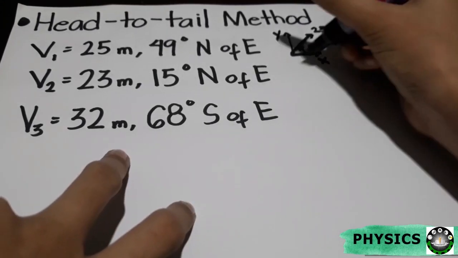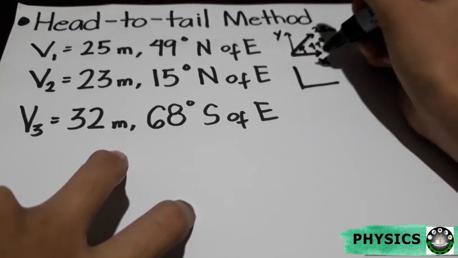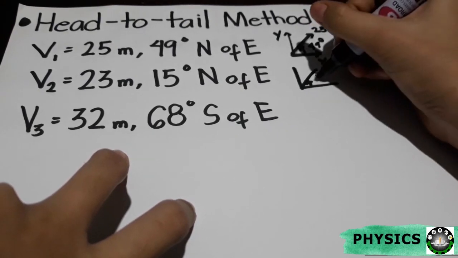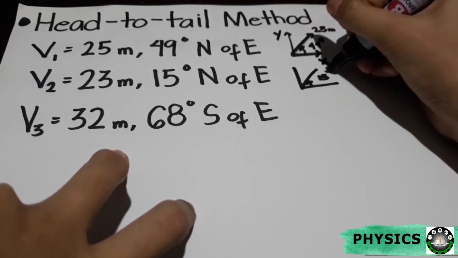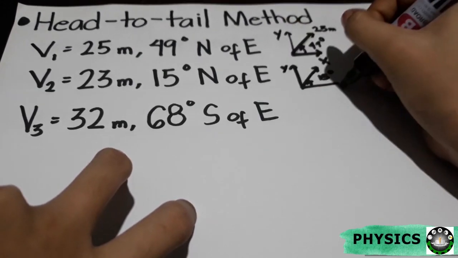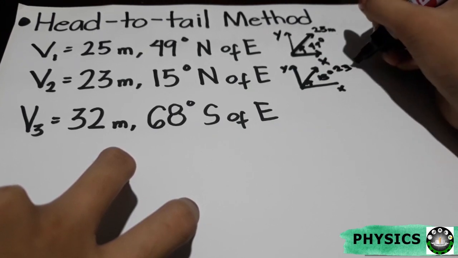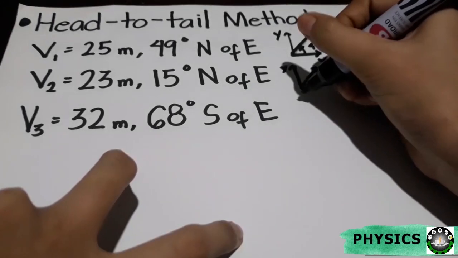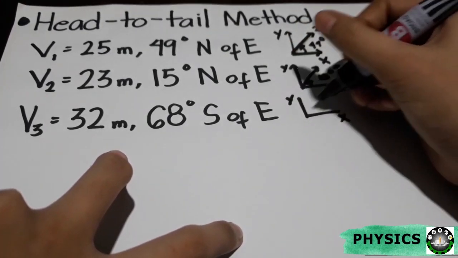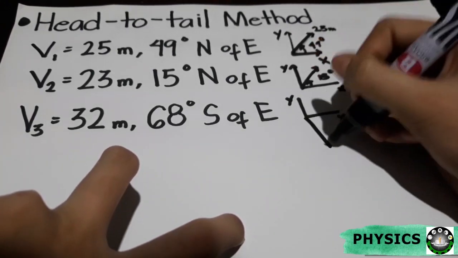For the second vector, we have 23 meters 15 degrees north of east. And then the third vector, 68 degrees south of east.